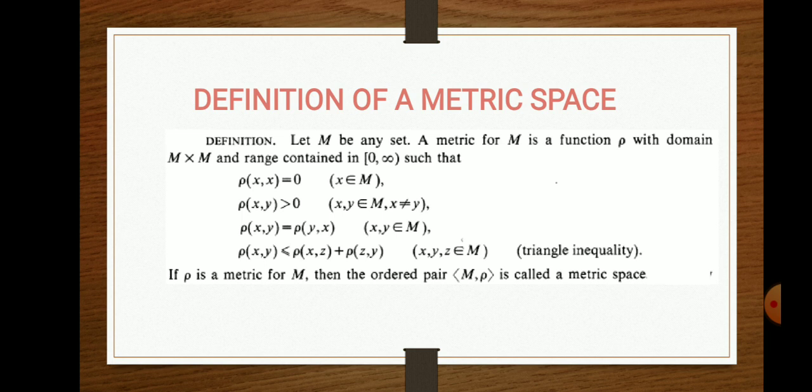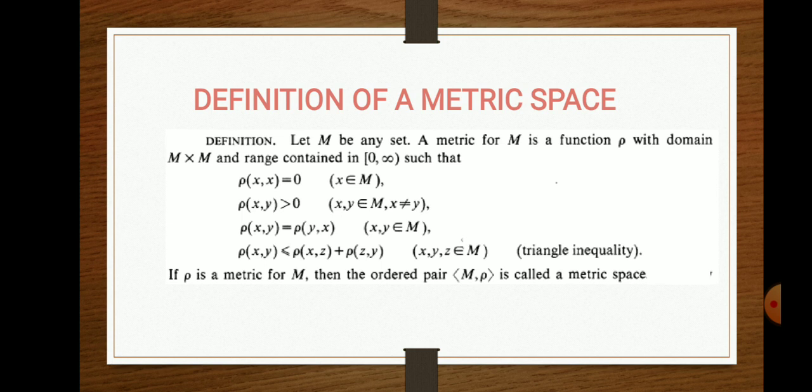A metric is nothing but a function, rho, with the domain M cross M, and the range is contained in closed 0, open infinity, such that rho of x comma x is equal to 0 for any x belongs to M, and rho of x comma y is always strictly greater than 0, where x is not equal to y for any x comma y belongs to M, and rho of x comma y is equal to rho of y comma x, and rho of x comma y is less than or equal to rho of x comma z plus rho of z comma y, where x, y, z belongs to capital M. So what does it explain?